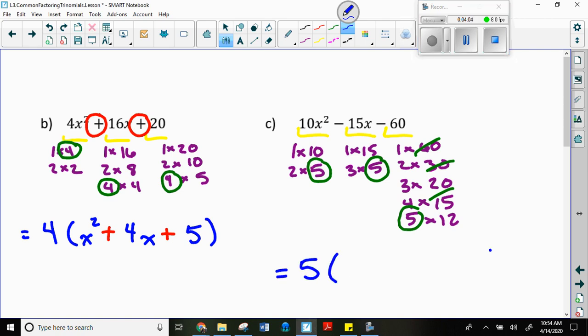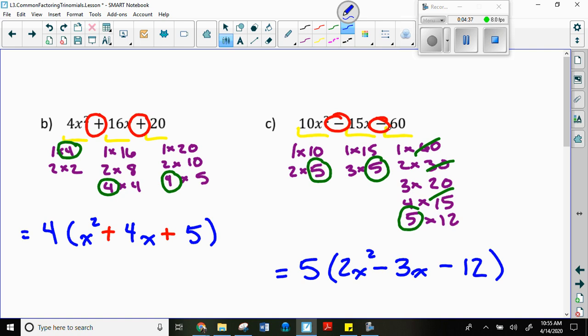What are the signs that are going to go into our bracket? Negative, negative. So we're going to use those negatives and we're going to use them to break up our three parts because there are three parts in the question. We're going to have 3 parts in the bracket here. 5 times 2x squared would have given us 10x squared. 5 times 3x would have given us 15x. 5 times 12 would have given us 60.